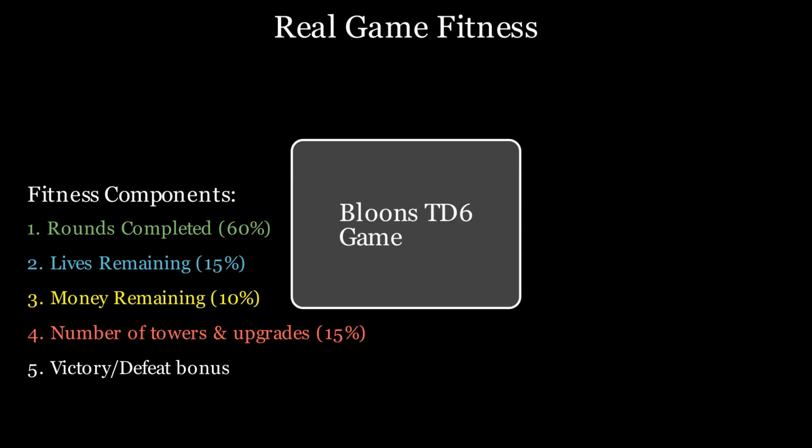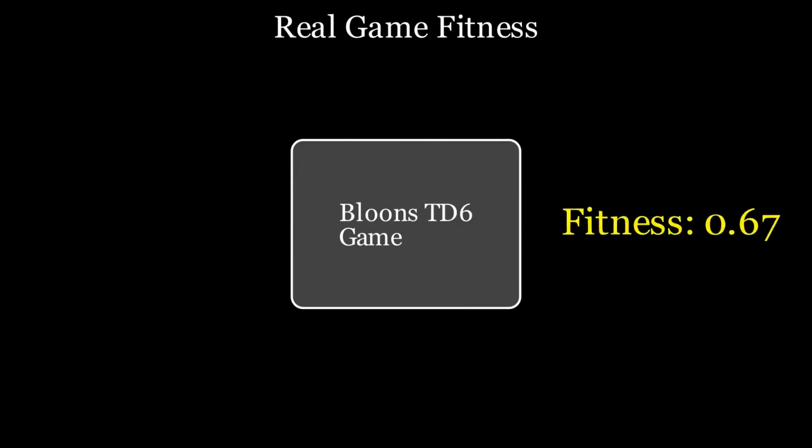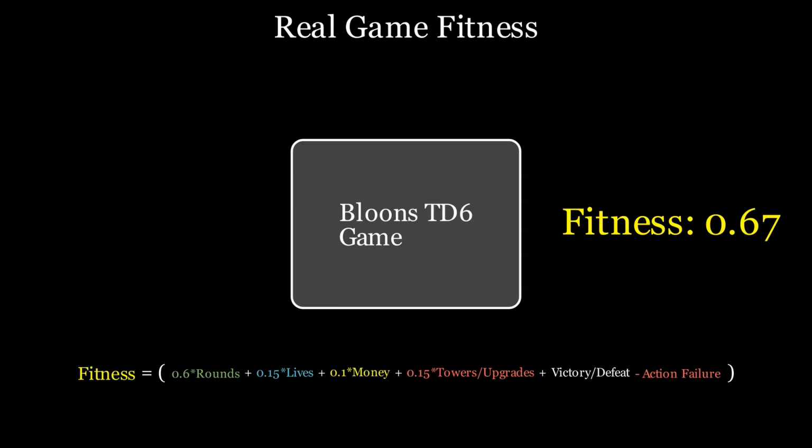This includes rounds completed, lives remaining, the money remaining, the number of towers placed and the upgrades applied, and also giving a victory or a defeat bonus should the strategy be successful. Given this, we evaluate all the strategies. Actually, it's not all of them, because playing a single round of Bloons is quite time intensive. We limit ourselves to the top 4 strategies that we previously already evaluated.